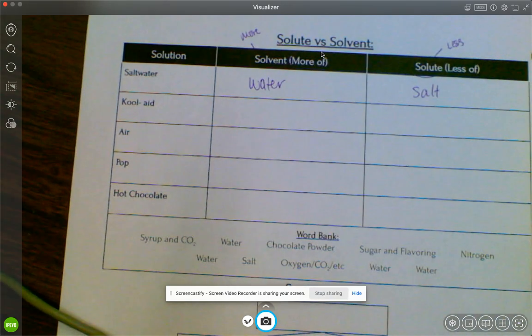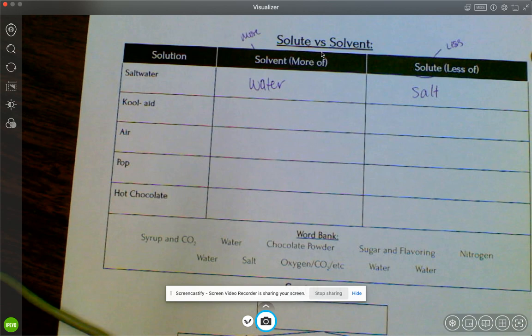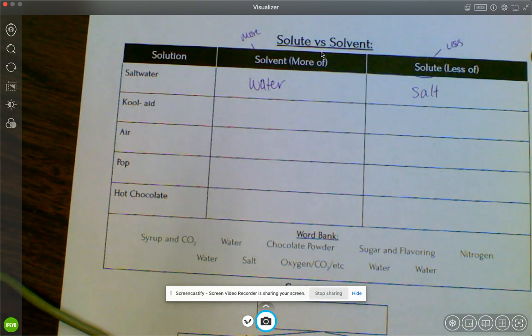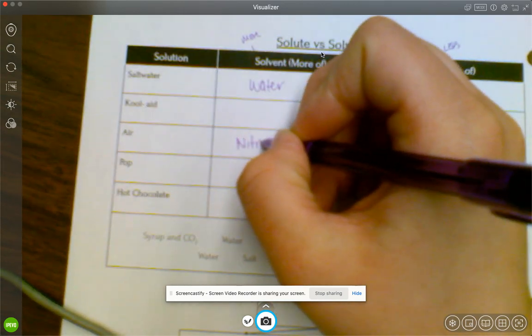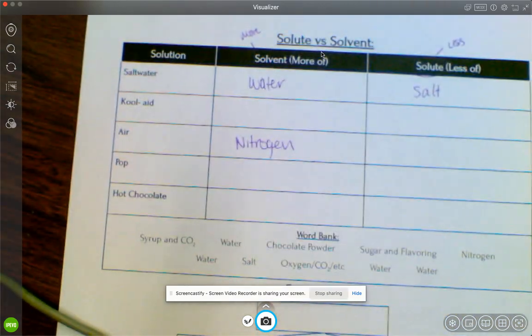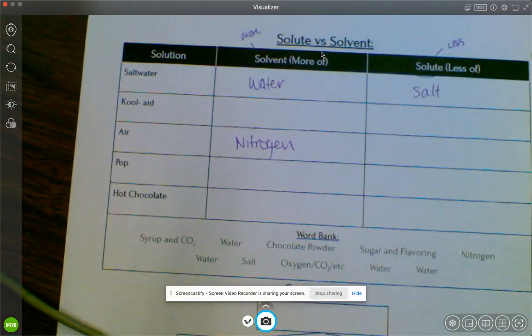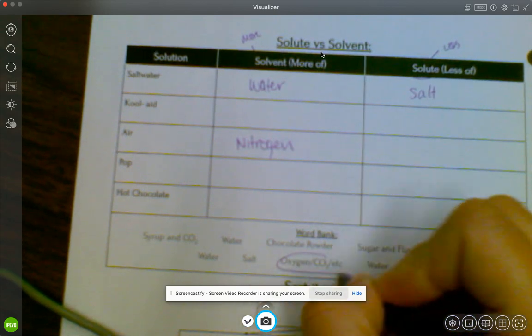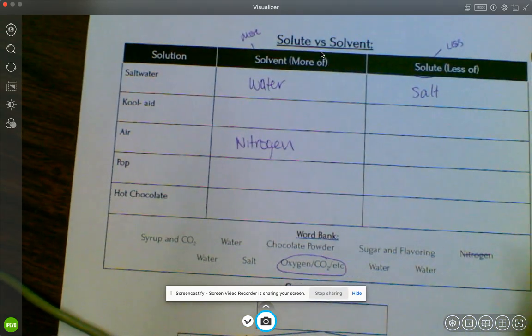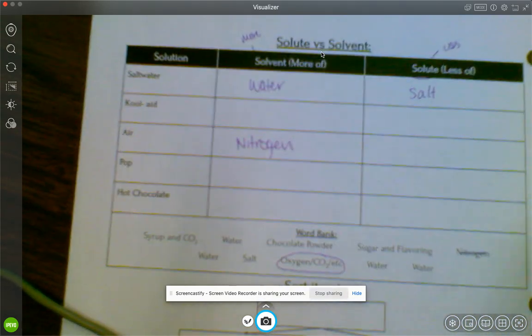One that sometimes is a little bit tricky is air, and it's not on here to be problematic, but I can see where some people get a little tripped up. Air is actually mostly nitrogen. The air we are breathing right now is actually mostly filled with nitrogen. And then there are other gases like oxygen, which we need, carbon dioxide, water, methane.